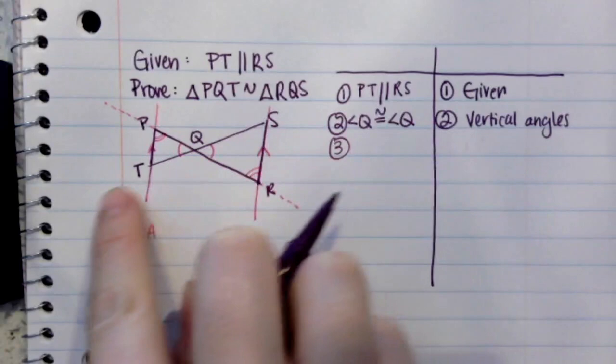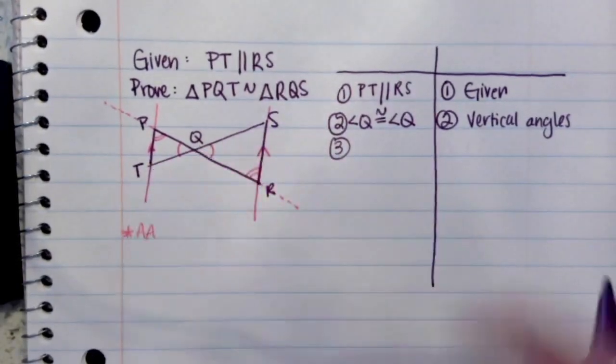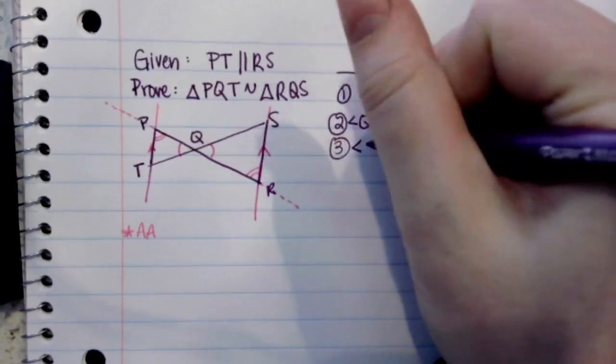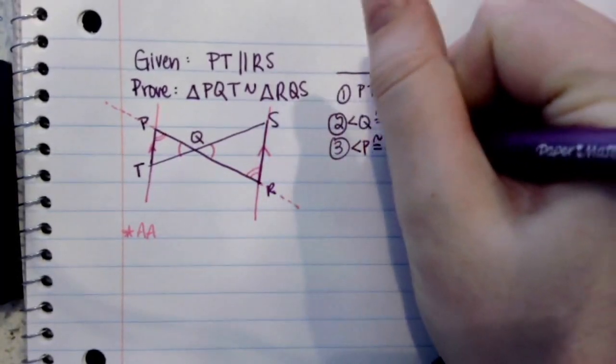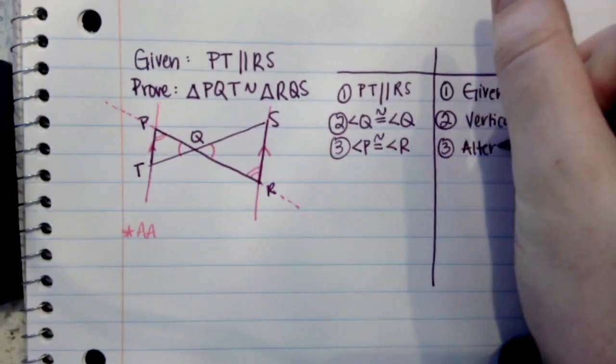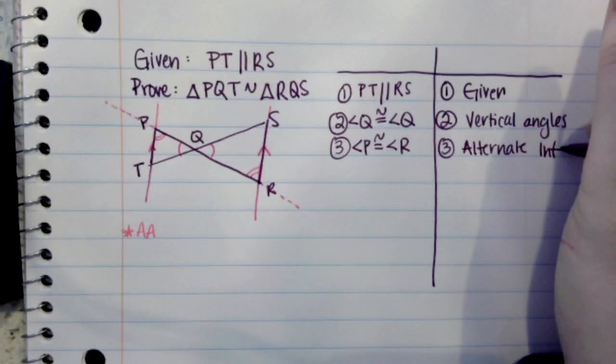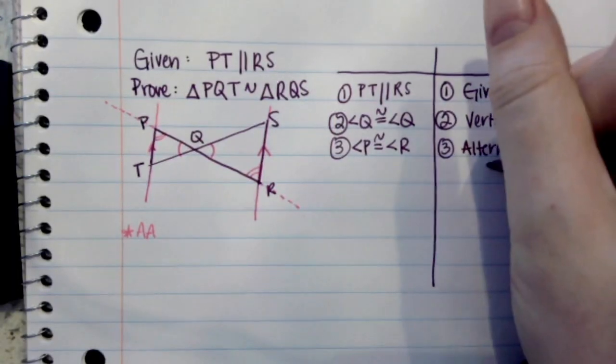If you used this line as your transversal, you would use the exact same thing, but it would be S and T. So we can say angle P is congruent to angle R, and this is because they are alternate interior angles.